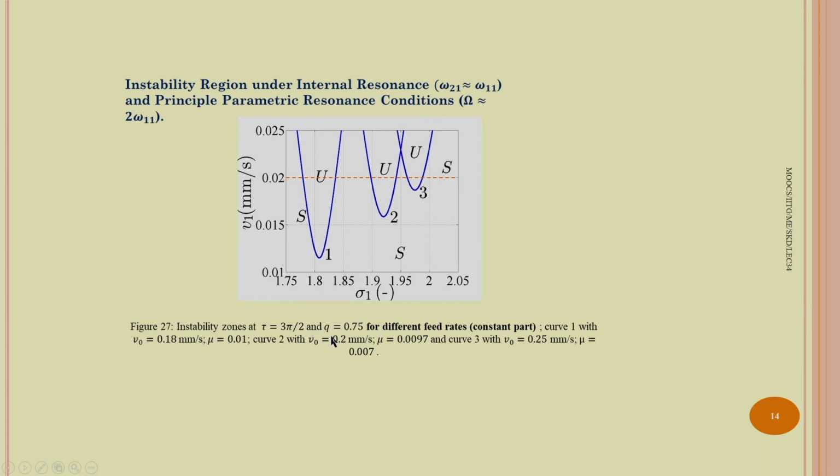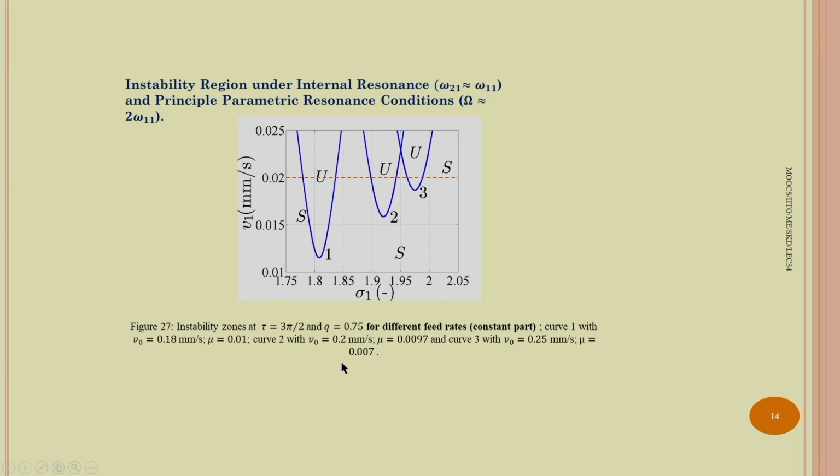So, here tau is taken to be 3 pi by 2, q equal to 0.75 for different feed rates. So, 3 different feed rates have been taken. The first curve is for feed rate V0 equal to 0.18, mu equal to 0.01, for the second curve you can see V0 equal to 0.2 millimeter per second, mu equal to 0.0097, and for the third curve V0 equal to 0.25 millimeter per second and mu equal to 0.007.